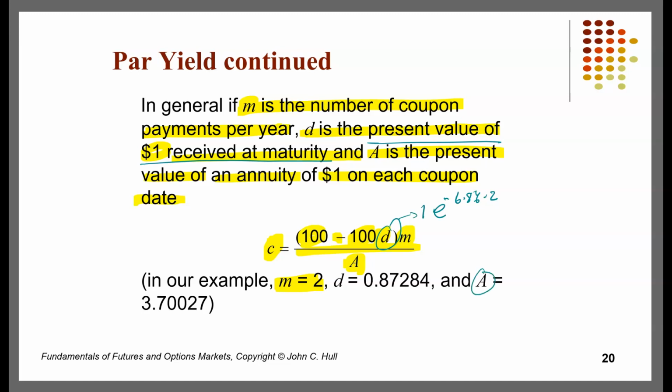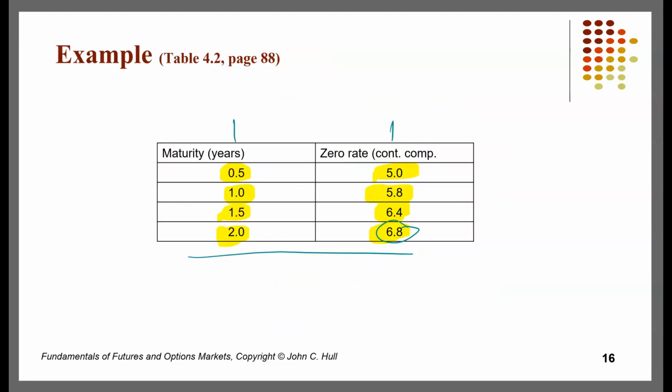And A is going to be equal to the present value of an annuity of $1 for each one of the coupon dates. We have 4 coupon dates, right? Our coupon dates are half a year, 1 year, 1.5, and 2 years.